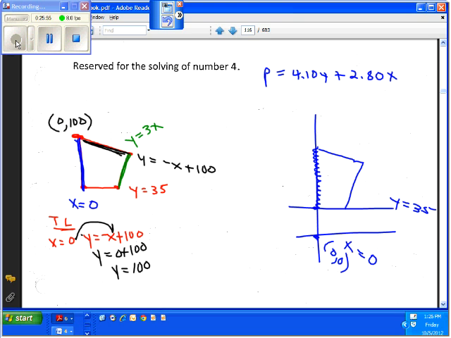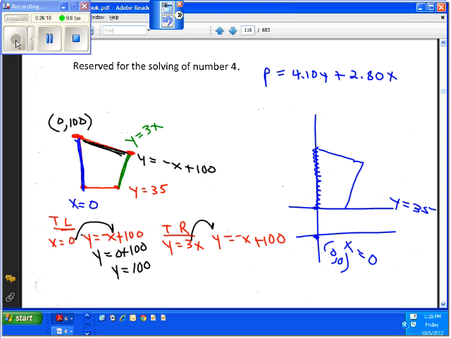Okay, so we've got that corner. Now we're going to do the top right corner, which is this one. It's the intersection of the equation y equal 3x and the equation y equal negative x plus 100. Now, we need to solve by substitution.